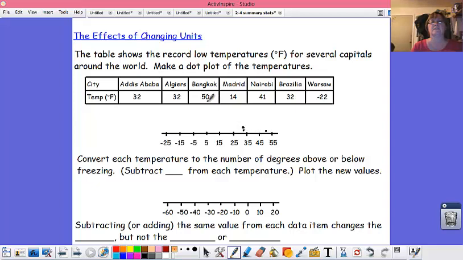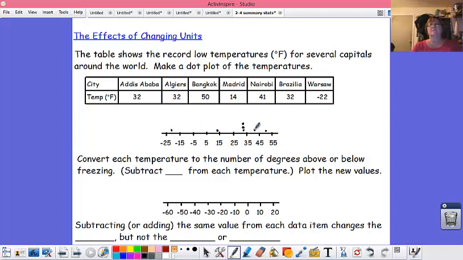I don't know if I want to live there, but I sure would like the temperature. 14 degrees for Madrid in Spain. Nairobi, 41, so probably about in there. Brasilia, 32 degrees. So we have several at 32. And then Warsaw down here at negative 22, where I don't want to go.